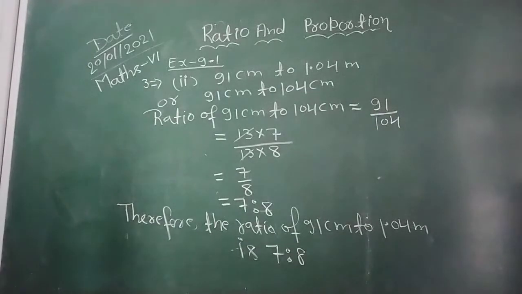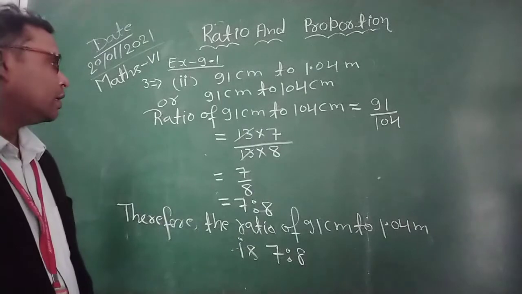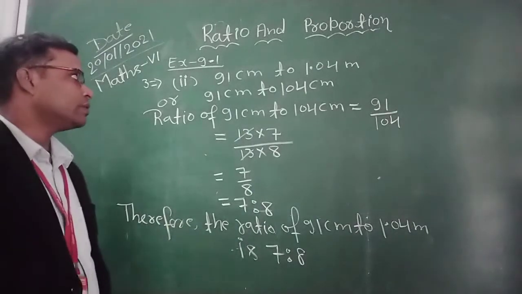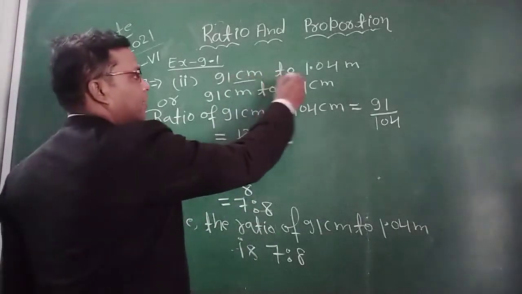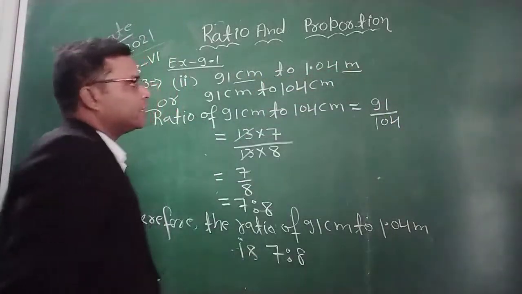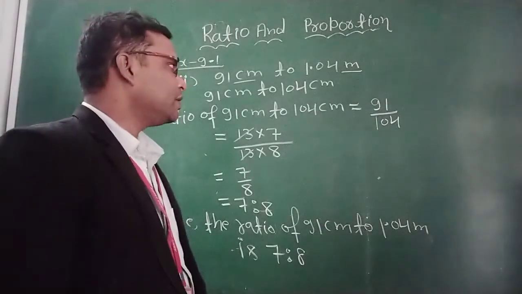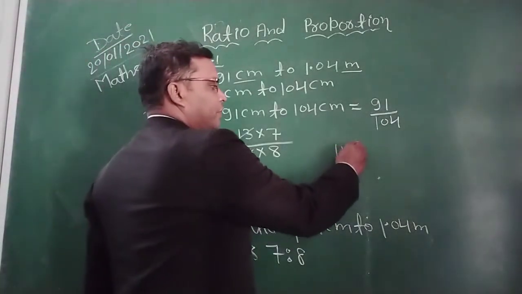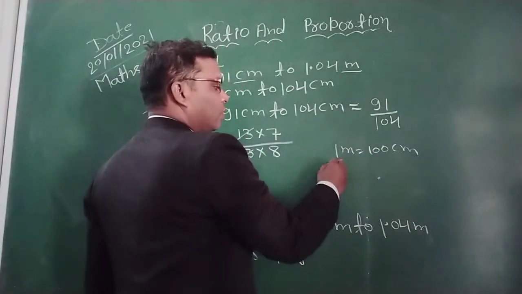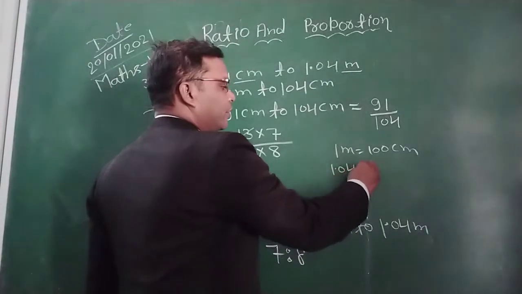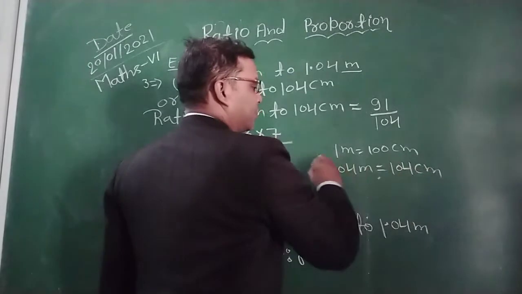So student, I hope all of you understood the second part of question number 3. In this part, this is a centimeter and this is a meter. So first we convert meter into centimeters. We know 1 meter is equal to 100 centimeter, so 1.04 meter is equal to 104 centimeter.